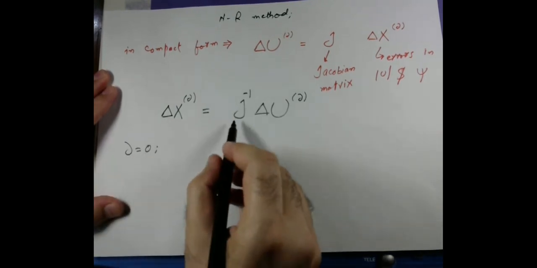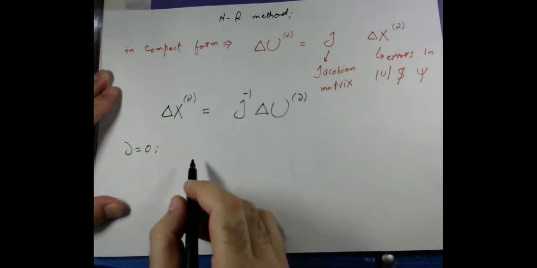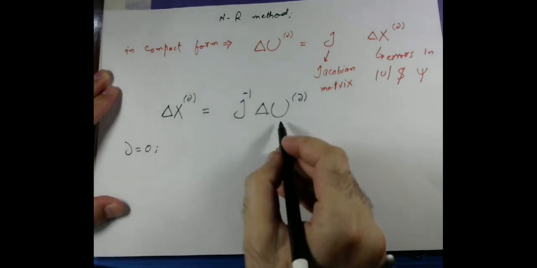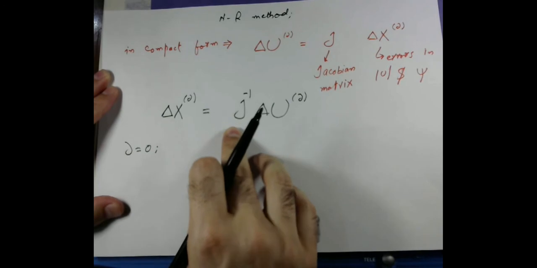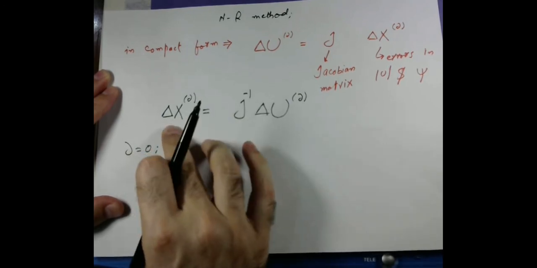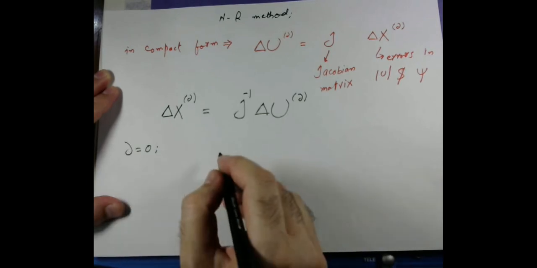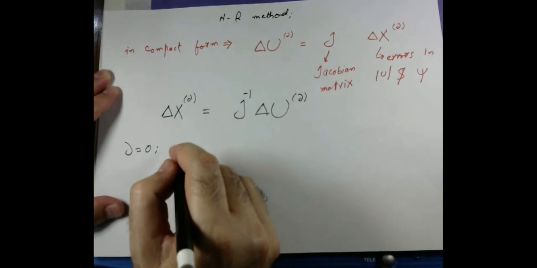Then the error in the first estimate will be calculated. Based on the first estimate we will determine the power mismatches and also the Jacobian matrix, and once we know them, we can determine the error in the first estimate of the angle and the voltage.